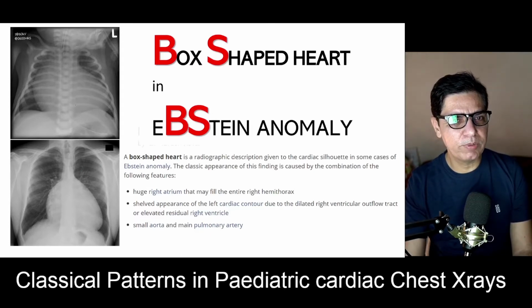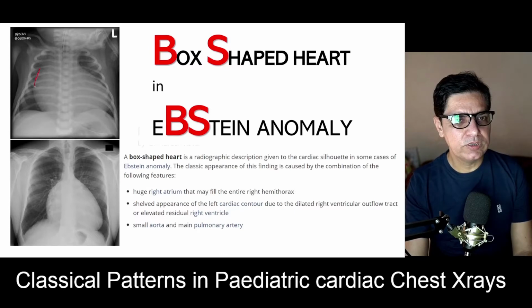If you see the upper X-ray over here, if I draw again, the cardiothoracic ratio is quite high. This is the maximum diameter of the cardiac shadow, and this is the thoracic one. It will definitely be greater than 60%.